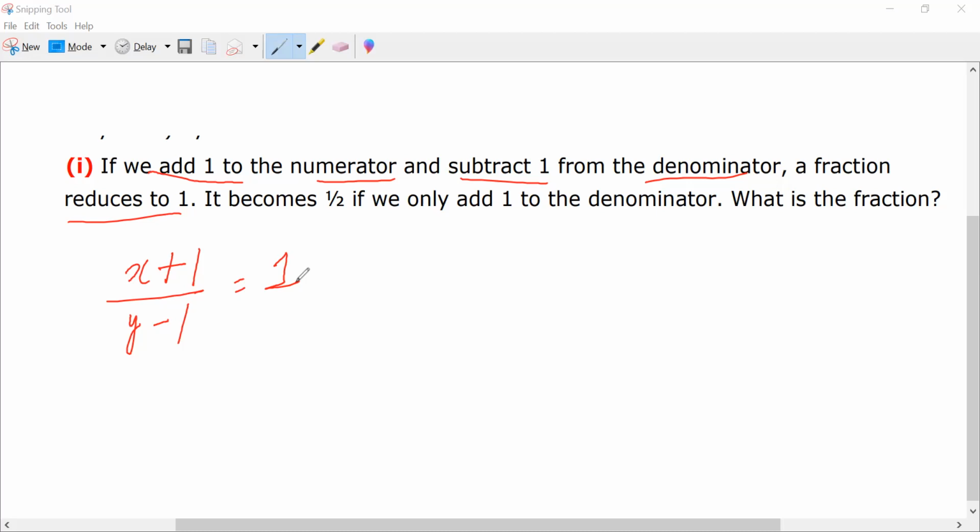The next one is very easy compared to this one. The fraction becomes 1 by 2 if we only add 1 to the denominator, since x is kept constant and to y we add 1.